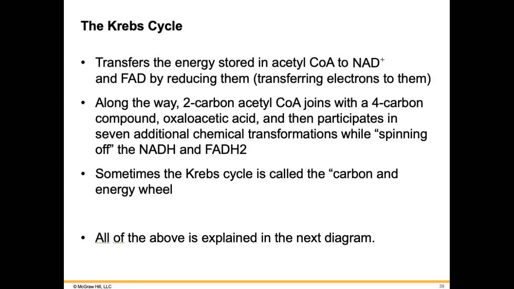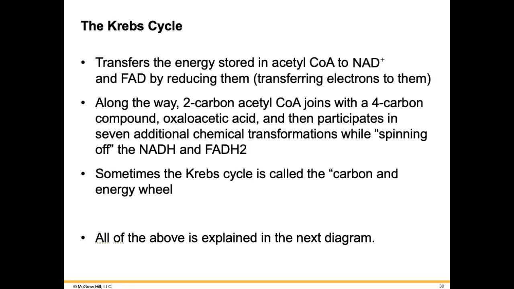It's just part of the process here. Along the way, the acetyl-CoA joins with a 4-carbon compound, and I'm not going to get into all of this here, but in this process in the Krebs cycle, they call it spinning off, we make some NADH and FADH2.